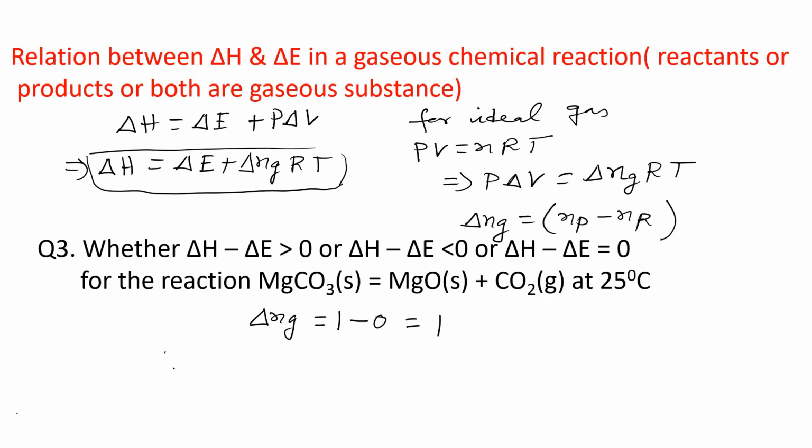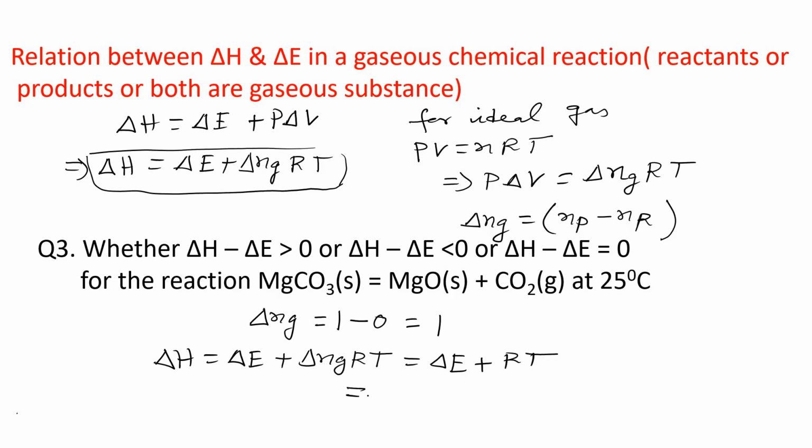Okay. So delta H is equal to delta E plus delta Ng R into T. Right? Delta Ng is equal to 1. So what we can write? We can write delta E plus RT.